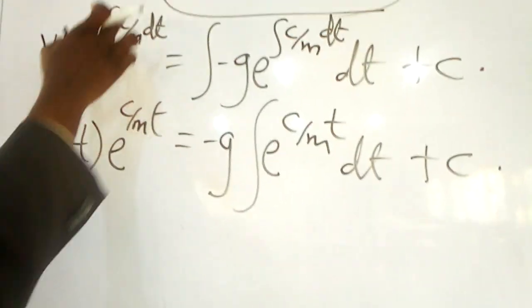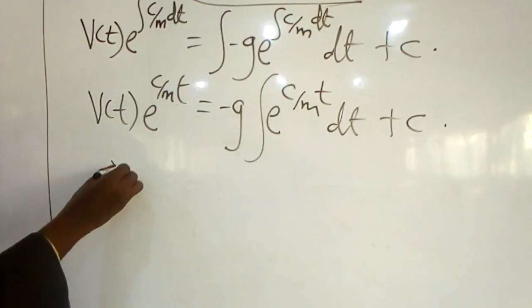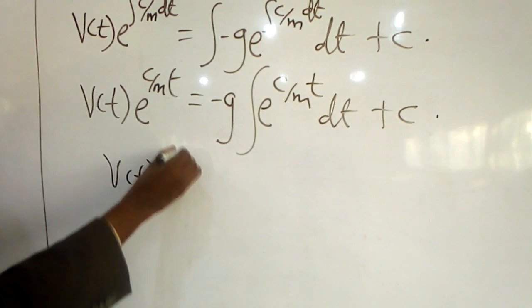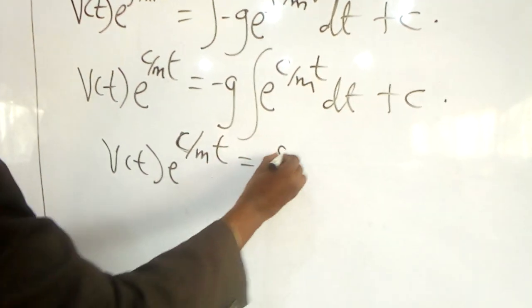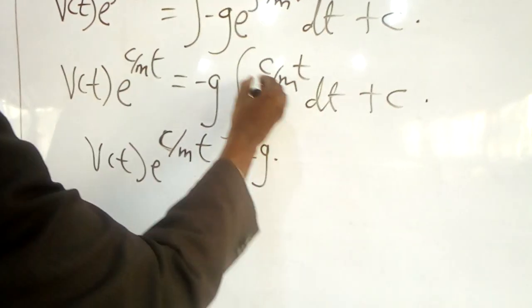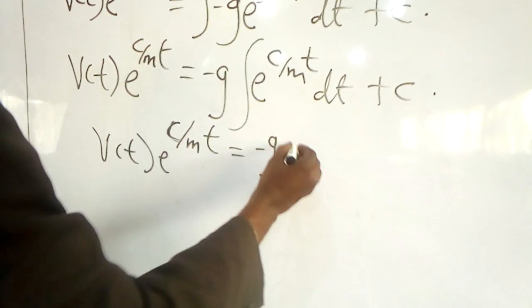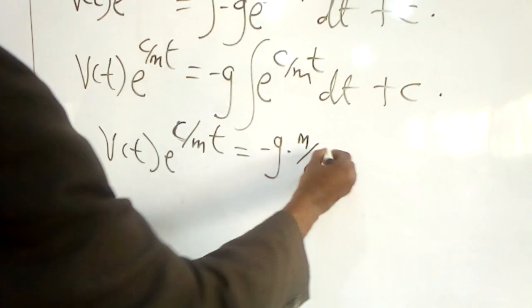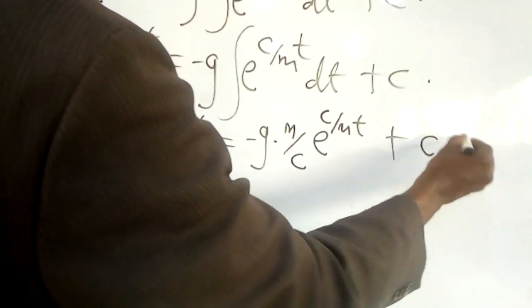Now, when we integrate c over m dt, you have t. So that furthermore, velocity as a function of time exponential c over m t is equal to minus g dot integration of exponential c over m t, which just gives us m over c exponential c over m t plus arbitrary constant c.